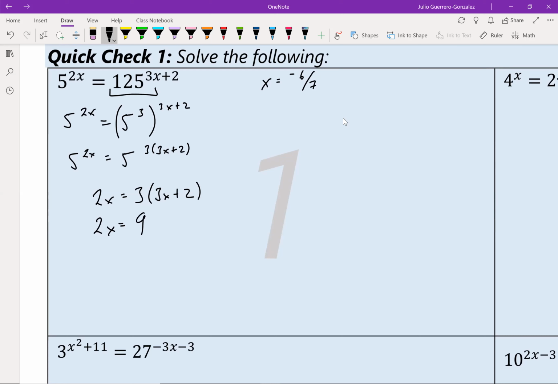Minus 3x on both sides. Minus x is equal to 2... Minus 7x is equal to 6. X equals 6 divided by negative 7. And we are done.